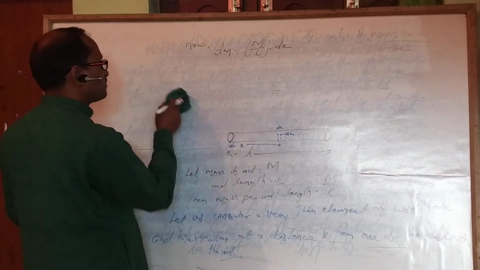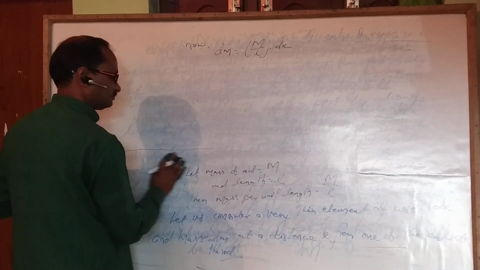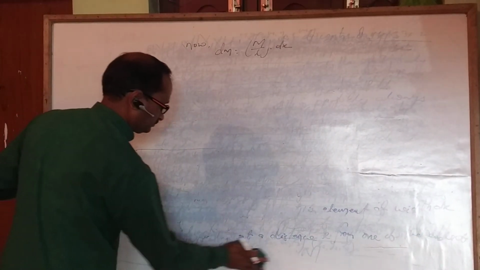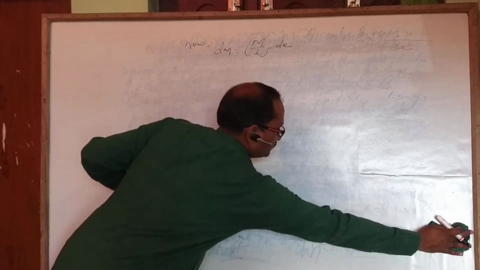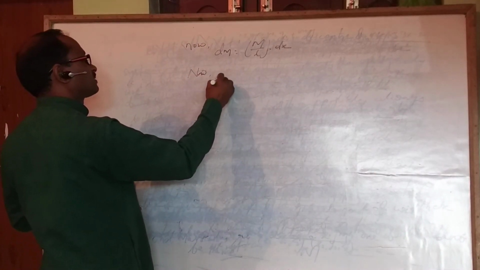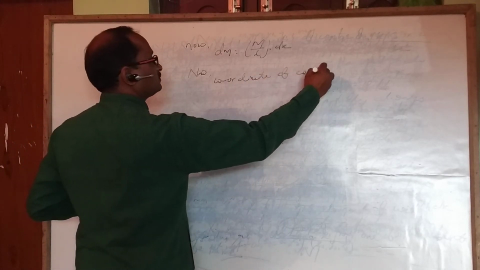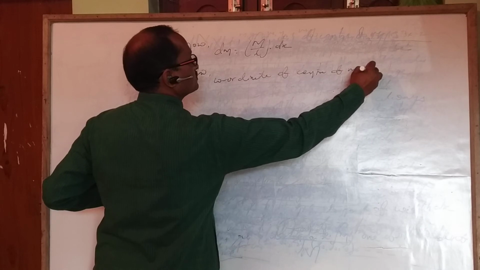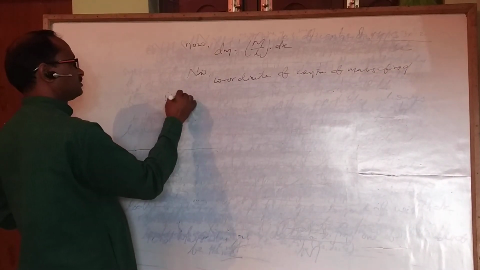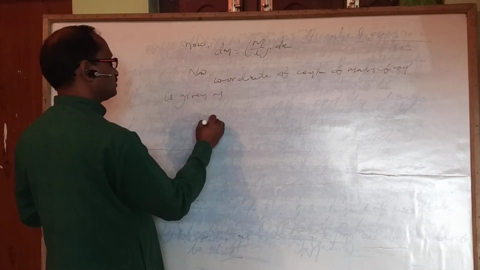Now, coordinate of center of mass of the rod is given as x equals (1/M) times the integral of x dm.